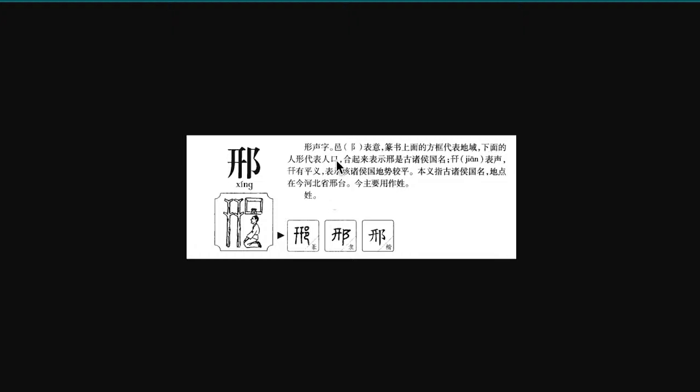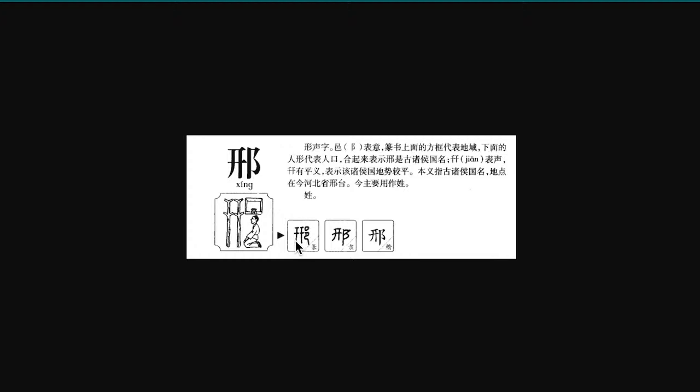Let's take a look at that. This one has the E. This part we talked about before. This is basically indicating a residential area, a residence not of one person but a group of people. Then on the left is the character jian.